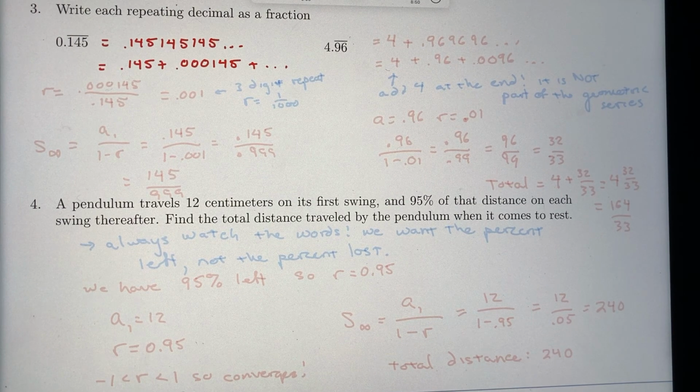Okay, so what is R? So 3 digits, it's in the thousandths. So we'll note.